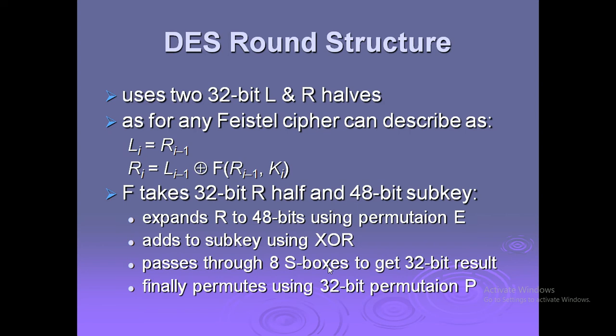DES round structure. Each round of DES uses two 32-bit left and right halves, and as for any Feistel cipher can be described as follows: the left half of the next round is the right half of the previous round, and the right half of the next round is the XOR of the left half of the previous round and a round function.